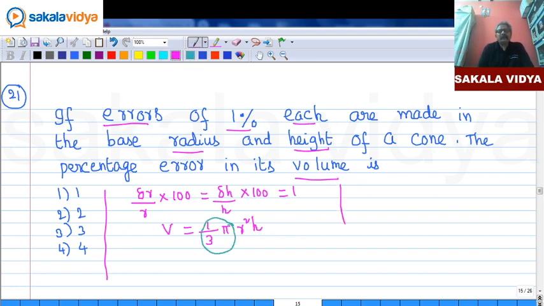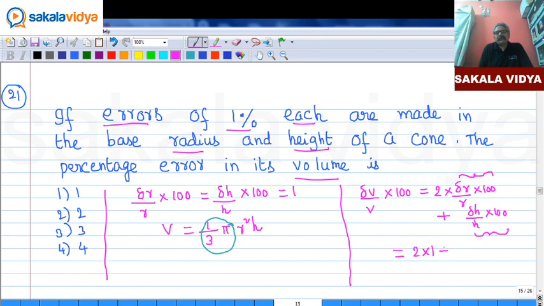So now percentage error in the volume, delta V by V into 100 is equal to, what is the dimension of R? 2. So 2 times its percentage error in the radius, plus, multiplication means you need to write plus. Next H dimension is 1, that we can write delta H by H into 100. Here very interesting, delta R by R into 100, delta H by H into 100 is equal to 1% given. 2 into 1 plus 1, 2 plus 1 is equal to 3%. So that means third option is the right option.